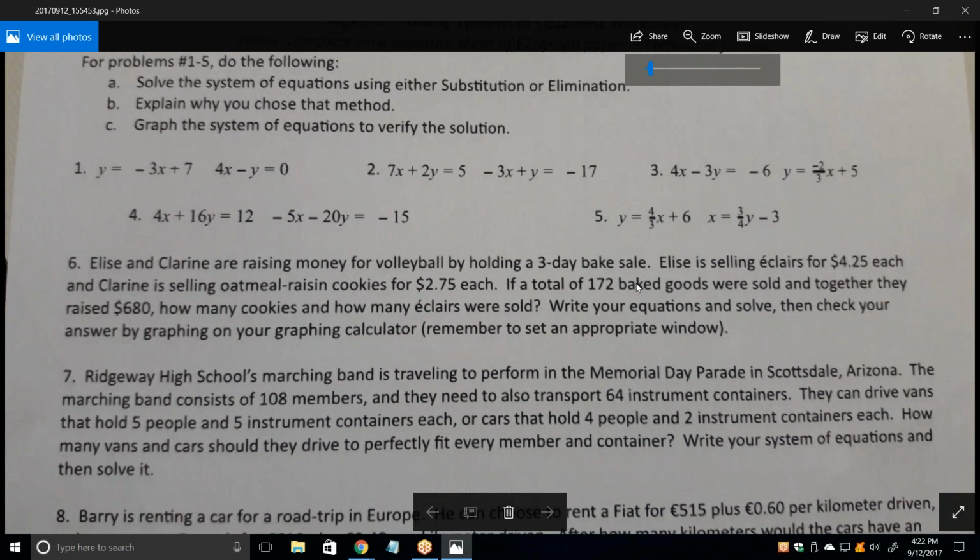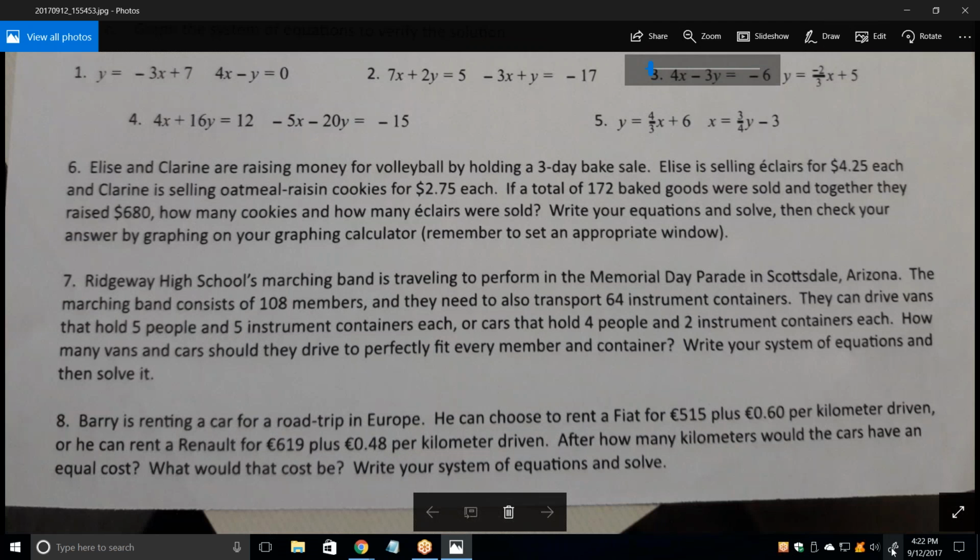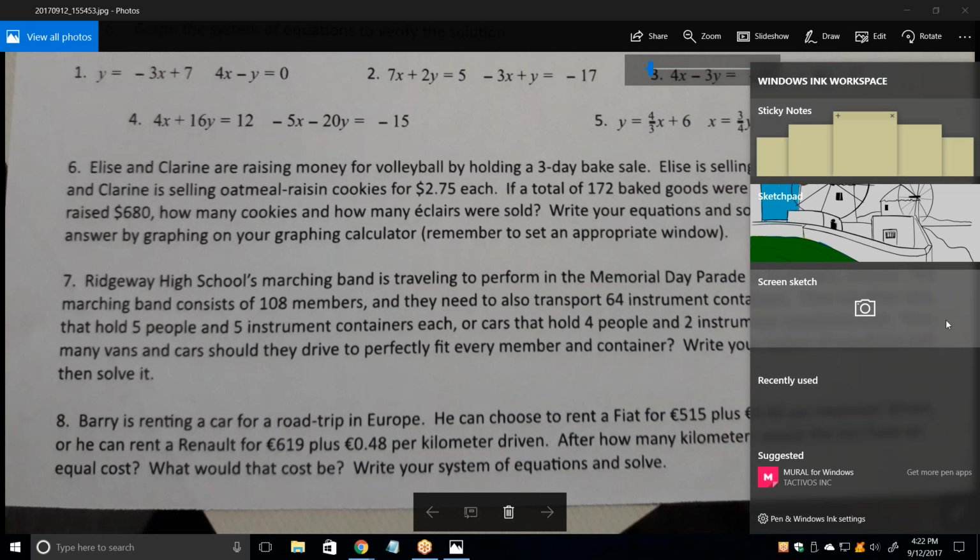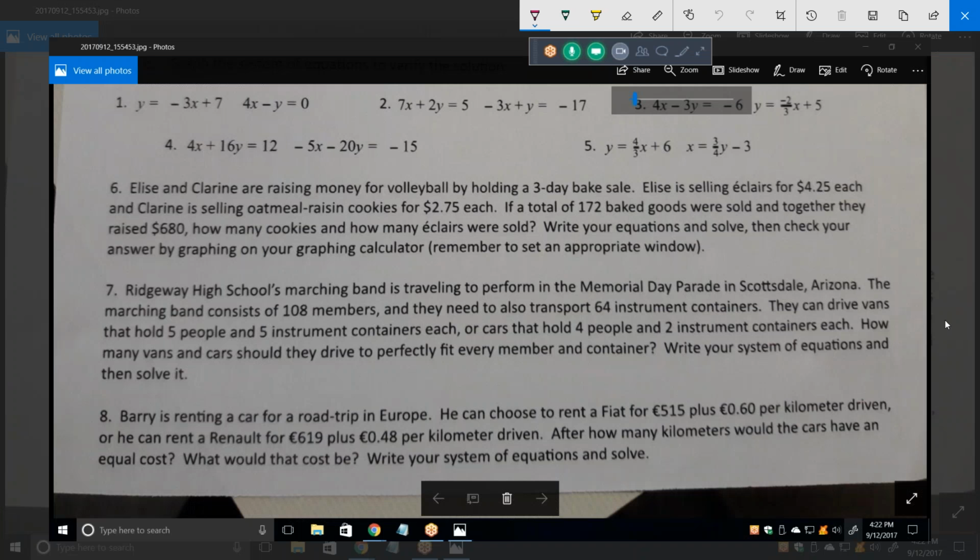That was number 3. Okay, hold on. Let's look at number 4. Which method am I going to use here? Elimination. Now, there's a problem. If I write minus 5x minus 20y minus 15.